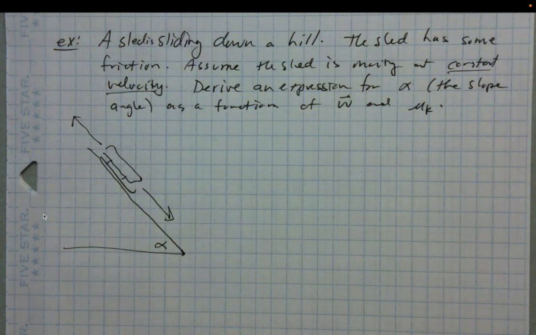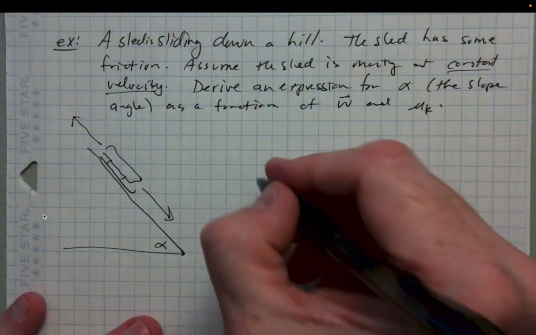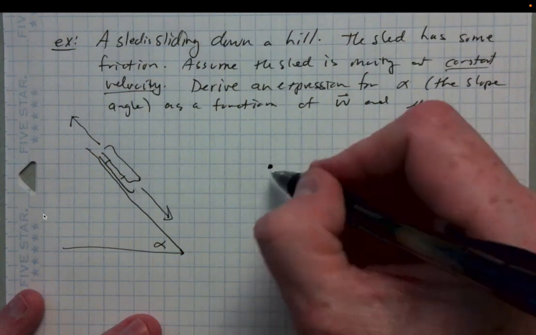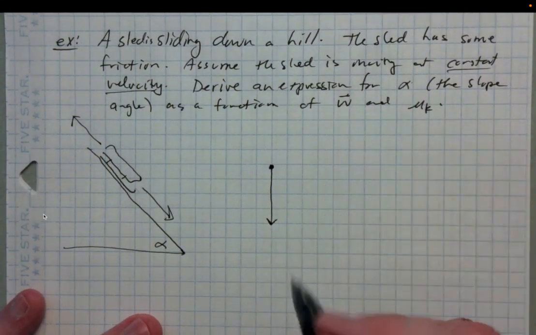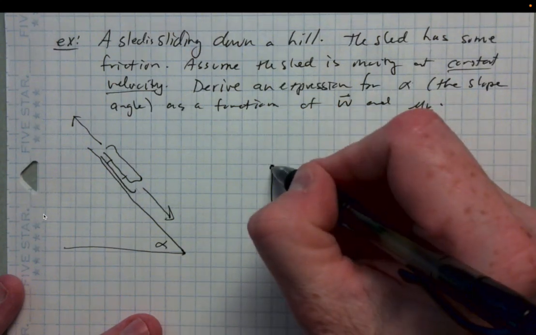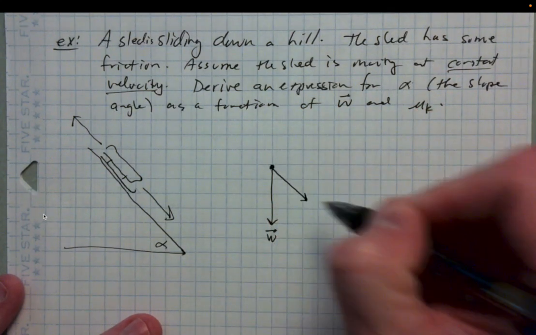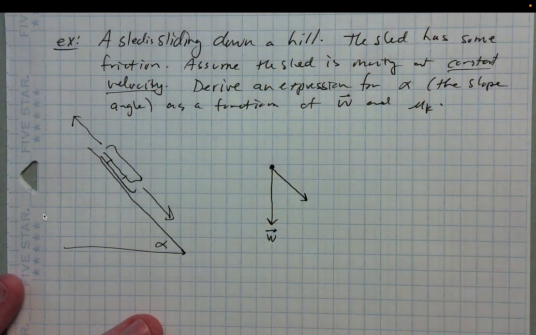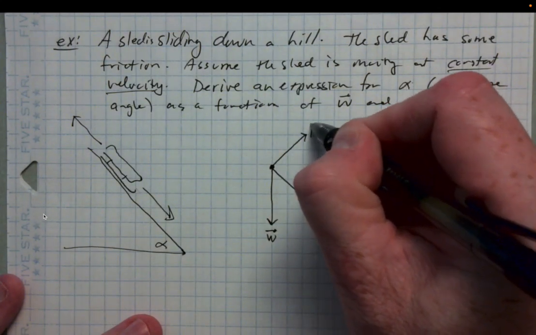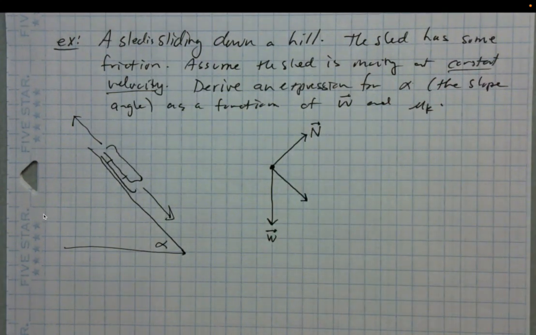So that's the idea. Let's put together a little free body diagram. I've got the sled on the slope, and it's got a weight pulling it down. It's headed down a slope, so I've got some force pulling it down. I've also got a normal force that opposes it, perpendicular to the slope.